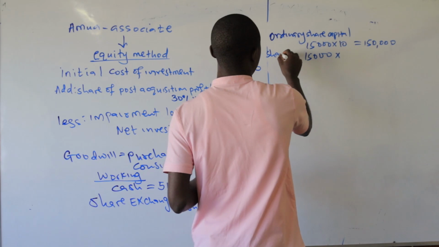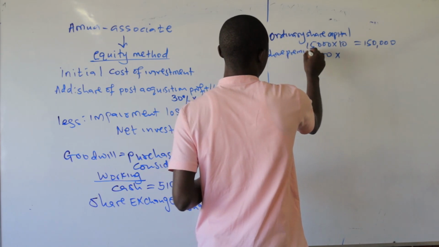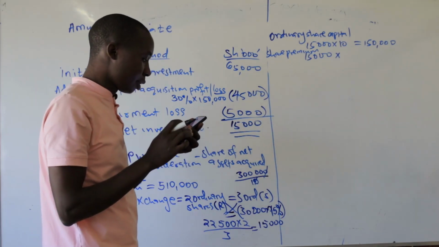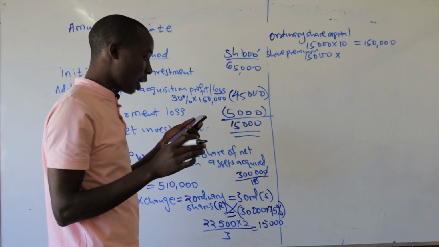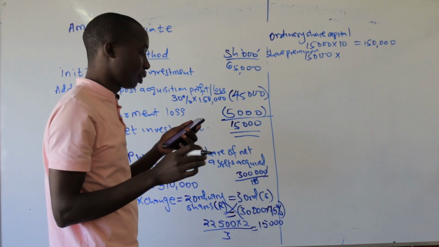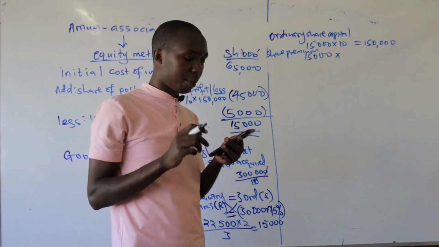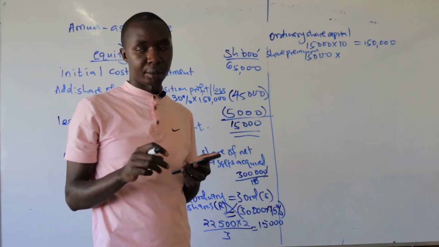Then I would say 15,000 times what? There's a share premium. And how is this share premium arising? If you check at the start of the question, they said that the market value of Receipt Limited shares on 1st April 2022 was 16. But remember, the par value was 10.